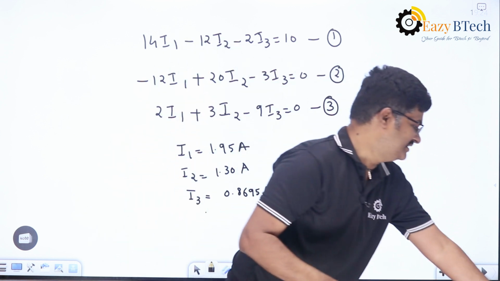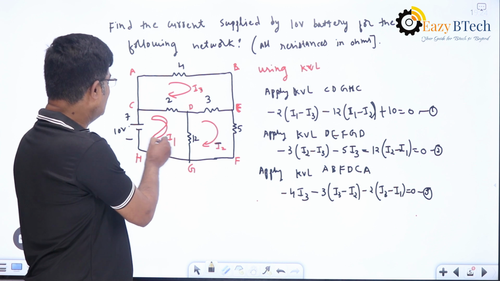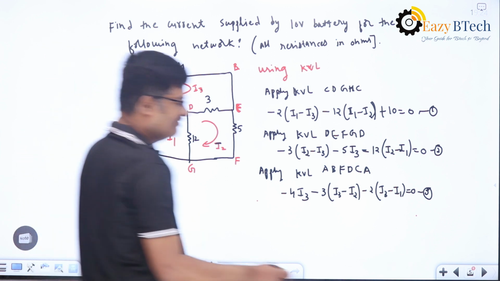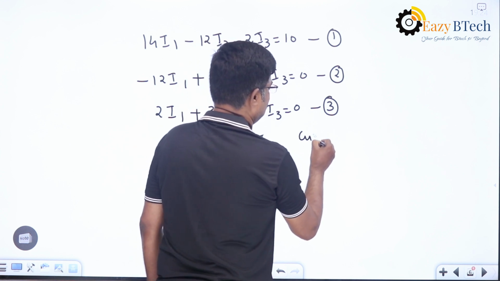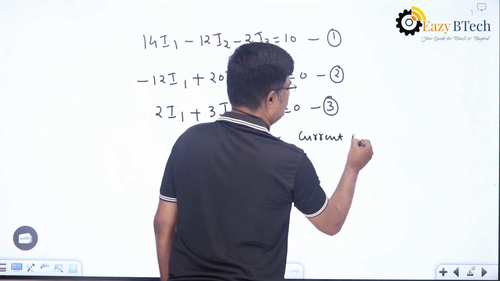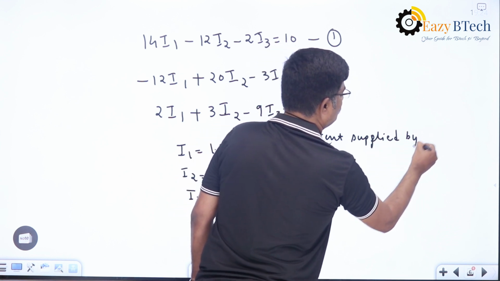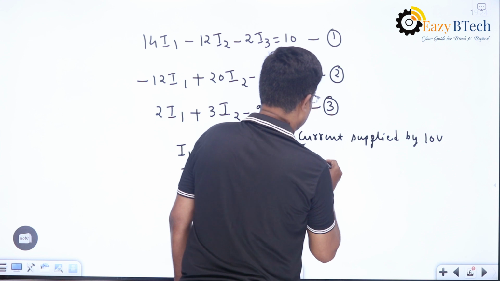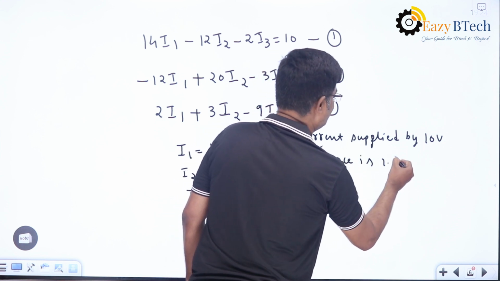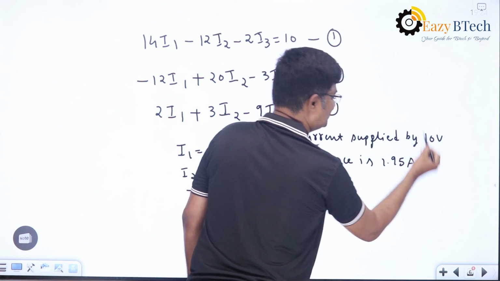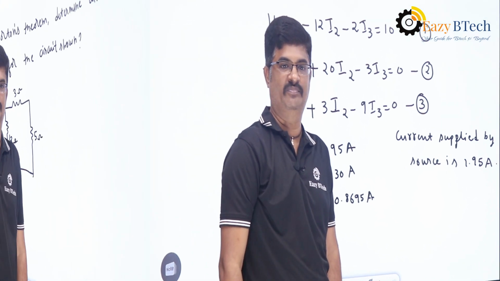So in the circuit, the current in the 10 ohm, which is the current supplied by the 10 volts source, is I1. So my final statement will be: the current supplied by the 10 volts source is 1.95 amperes. So this is how we find the current supplied by the 10 volts battery.